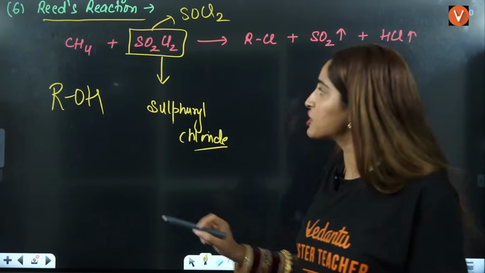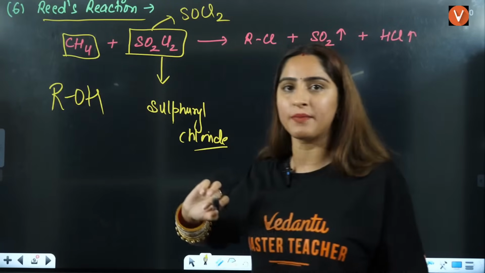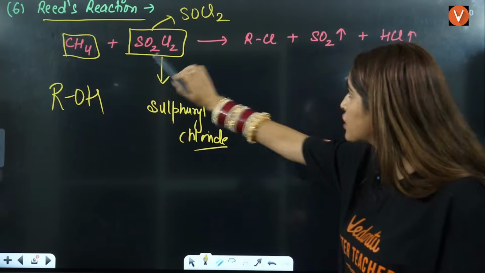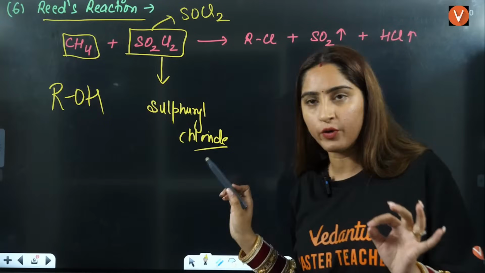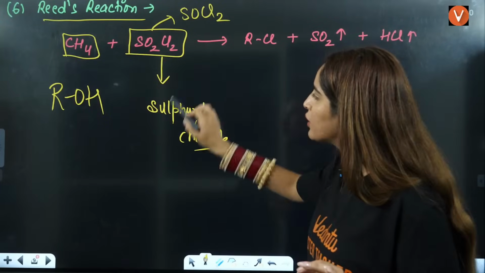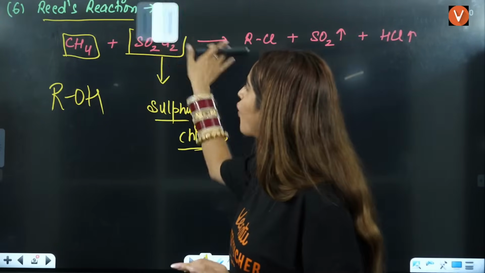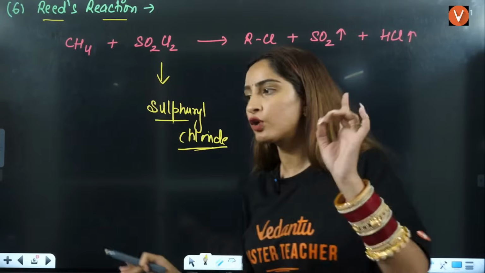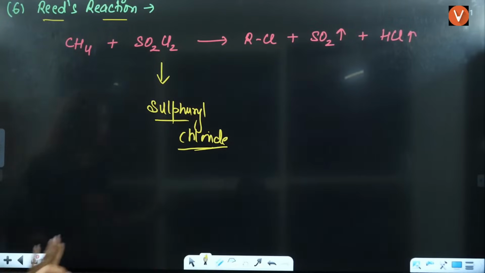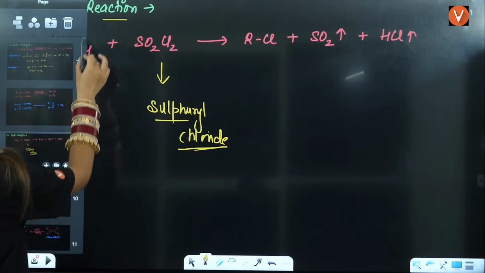In Reed's reaction, you have any hydrocarbon and you replace the hydrogen with chlorine, by adding SO2Cl2, that is sulfuryl chloride. You don't add thionyl chloride. That is the difference between Darzens and Reed's reaction, where students usually get confused.